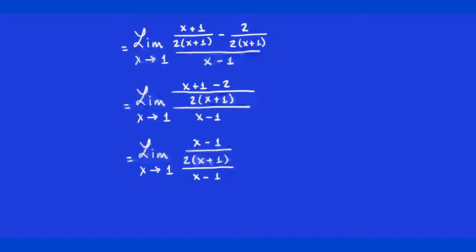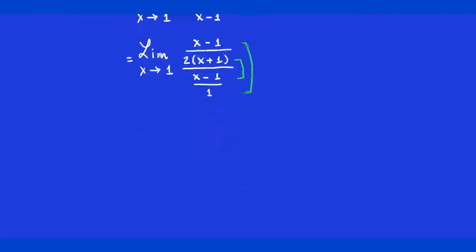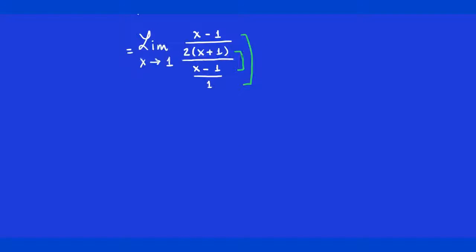I think you have a hunch of what's going to happen. This x minus 1 in the denominator is implicitly over 1. Now we can do something here that you may call the sandwich rule. I don't know why, but that's what it's called. We multiply the terms in between times the outer terms, and we simplify this expression in a very nice way.